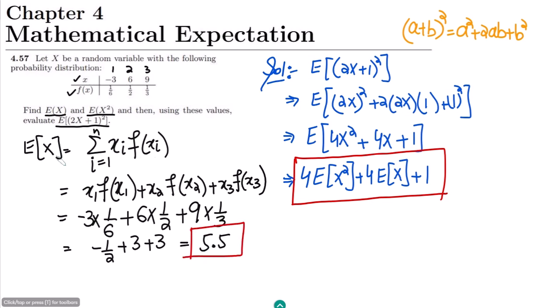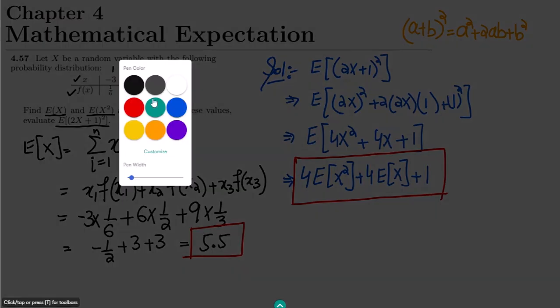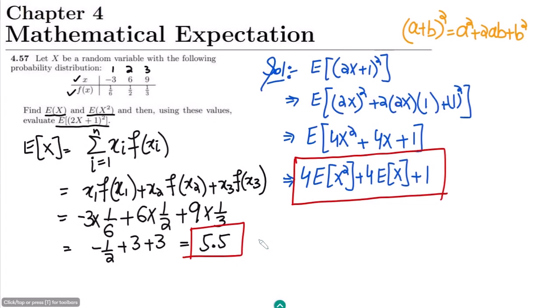Okay, now for E of x square, what do we have to do? Let me evaluate it here. For E of x square, the formula which is here would become the sum from 1 to n, and here the value of xi would be squared, and all others will remain the same.